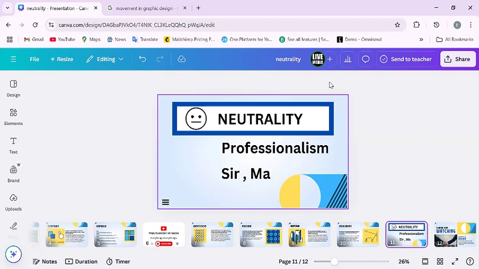Okay, the title should be here. Remember in our example of contrast, the title will be bigger, while the subtitles will be smaller, then other information like the address, the time, and the location will be smaller in comparison to the major information, which is like the theme of whatever you're trying to get across.